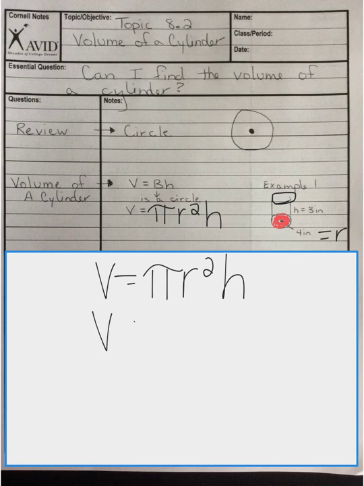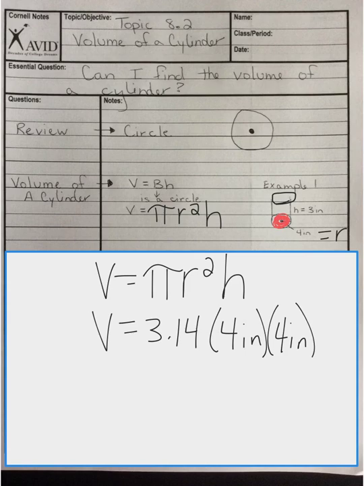So volume equals, what number is pi? It is 3.14 times the radius squared. Well, radius squared means times itself twice. So radius is 4 inches times 4 inches. And then the height of this one is 3 inches.